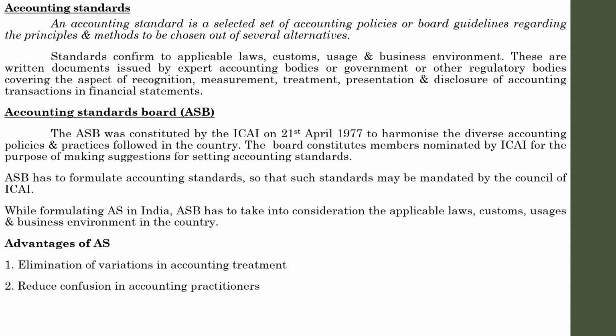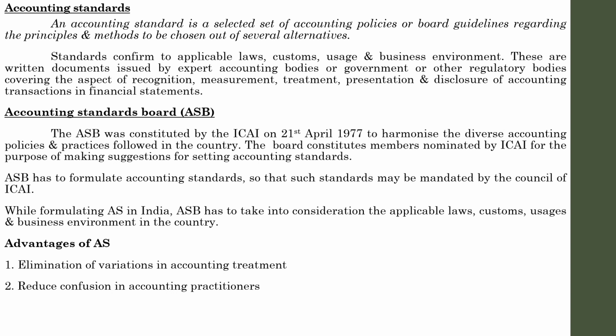Reduce confusion in accounting practitioners. Practitioners means accountants or experts in that field, by giving clear guidelines as to the treatment of certain items which can be treated differently. For example, for computing the depreciation of fixed assets, there are different methods and each method has its relevance.